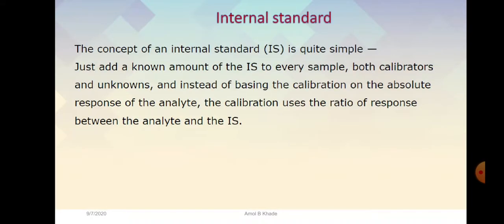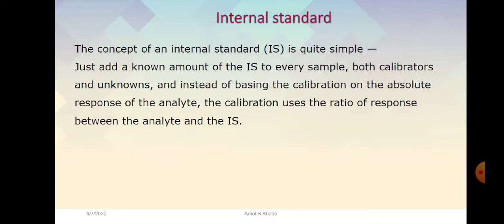Next is an internal standard. As the name indicates, in this case we have to add a known amount of the internal standard to every sample, both calibrators and unknowns, and instead of basing the calibration on the absolute response of the analyte, the calibration uses the ratio of response between the analyte and the internal standard.